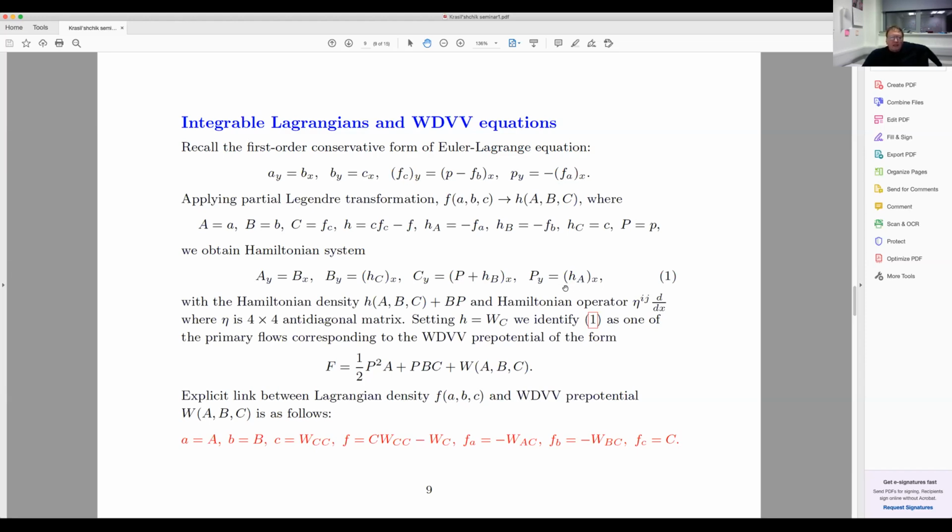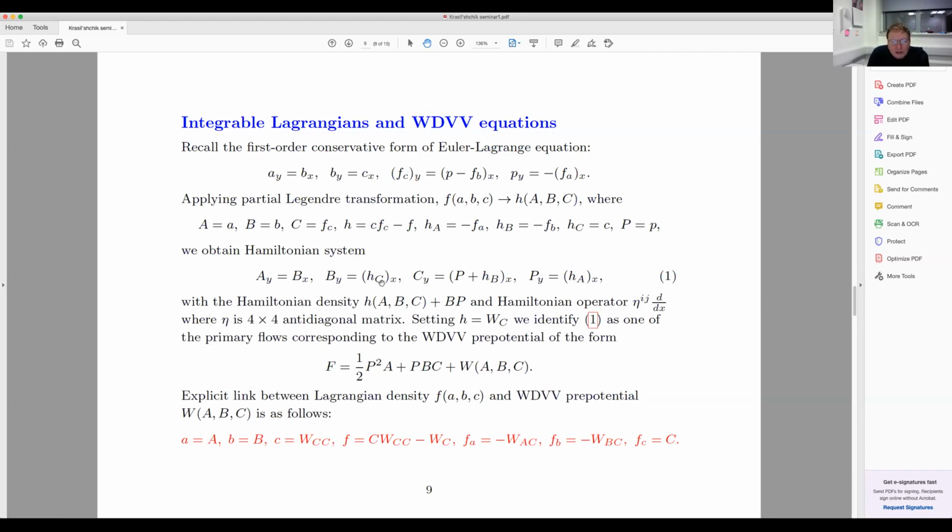Now we can see that this system is Hamiltonian. This is its Hamiltonian density, and this is its Hamiltonian operator, an anti-diagonal matrix. And finally, the last comment, this was observed by Maxime: if you set in this system H equals WC, you introduce a potential transformation, H is WC.